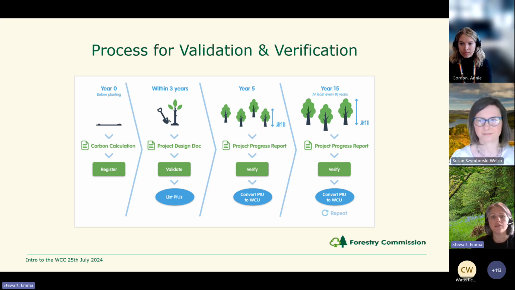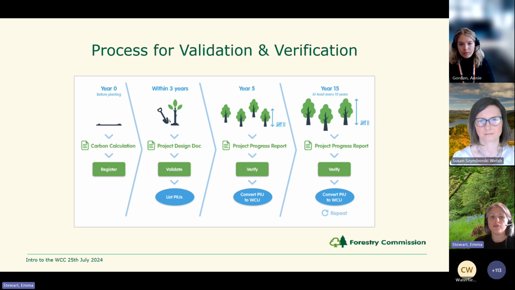And then within 3 years after planting, you have to validate, and that involves submitting documents, so like the carbon calculator that we just discussed and the cash flow spreadsheet that Annie mentioned, submitting those documents to the validator. There are 2 validators. We work with the Soil Association and Organic Farmers and Growers, and there is a fee associated to validate.